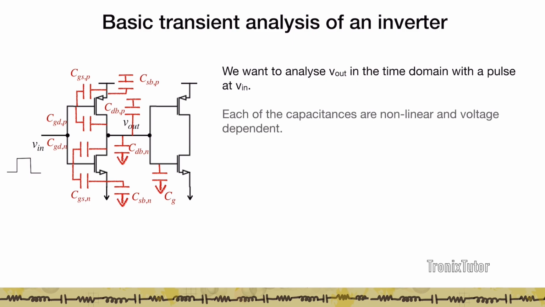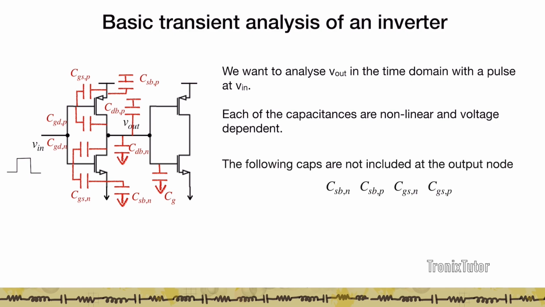So the way we do it is we have to first identify which are all the capacitances that are critical and then look at their individual contribution. Because these capacitances are nonlinear and voltage dependent, it is not possible to develop a closed form expression. So we'll use a lot of approximations here, just like how we did in the inverter, to make sense of design.